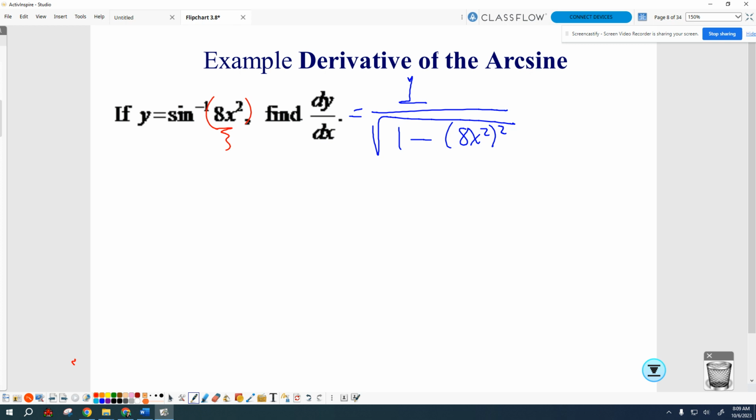Wait, so the derivative of 8x squared would be 16x. Not a lot to simplify on this. But 8x squared, he said, a quantity squared, and so that is implying that he included the exponent of the 8. That's it.